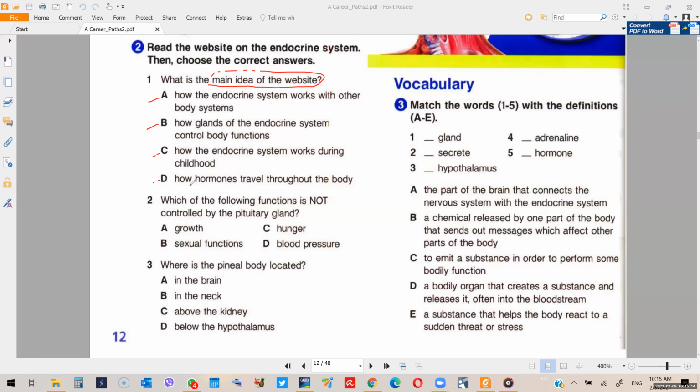So the answer is, do you know the answer, Umar? You can give the answer if you like, you can use the chat.